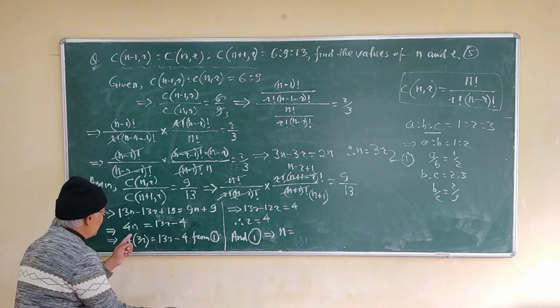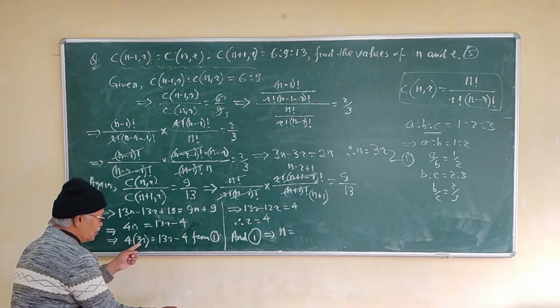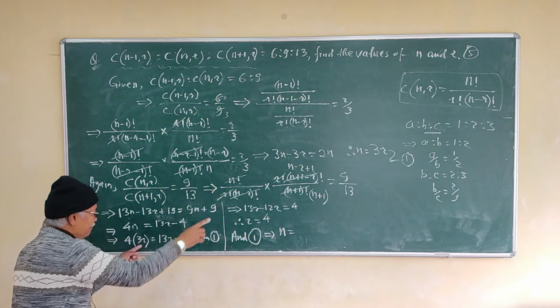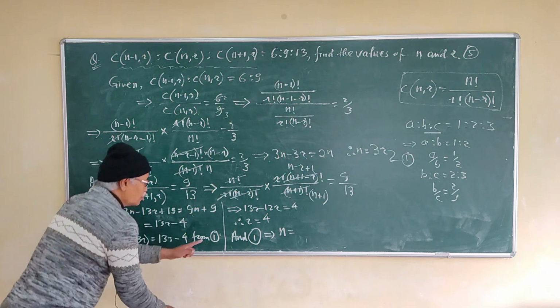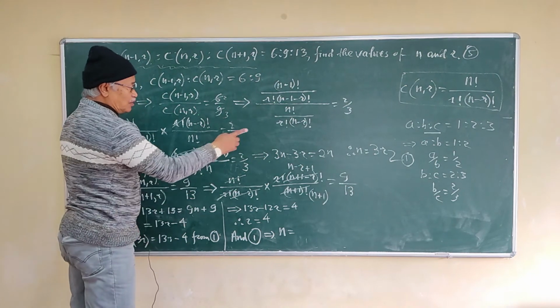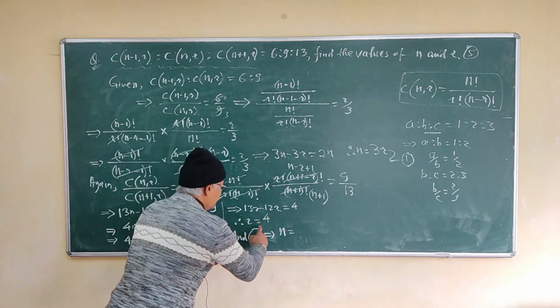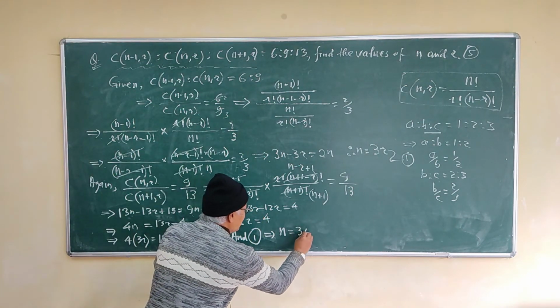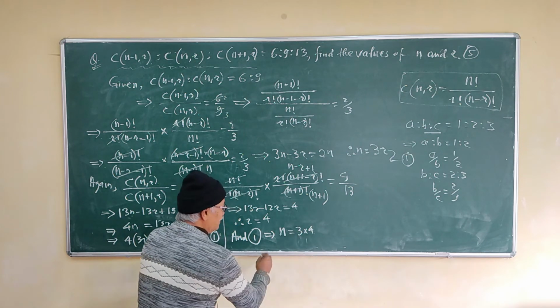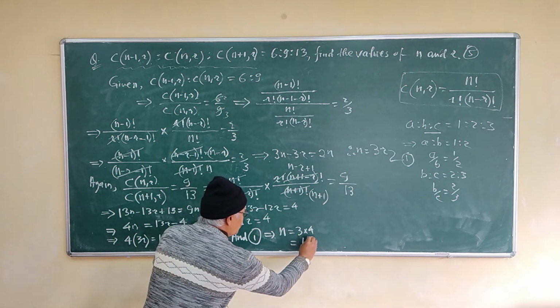Otherwise one may be thinking, how did you write n is equal to 3r? It is from there, from 1. So 1 will give you n is equal to 3r, r is equal to 4, so 3 into 4, that is equal to 12.